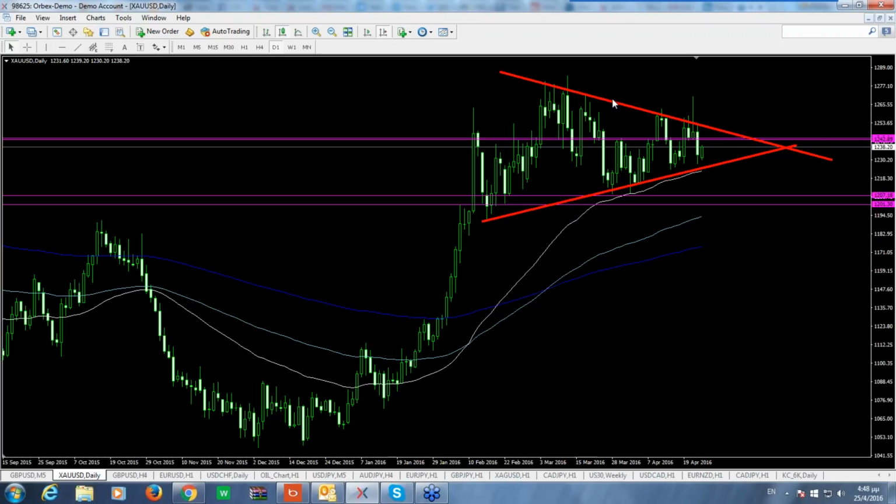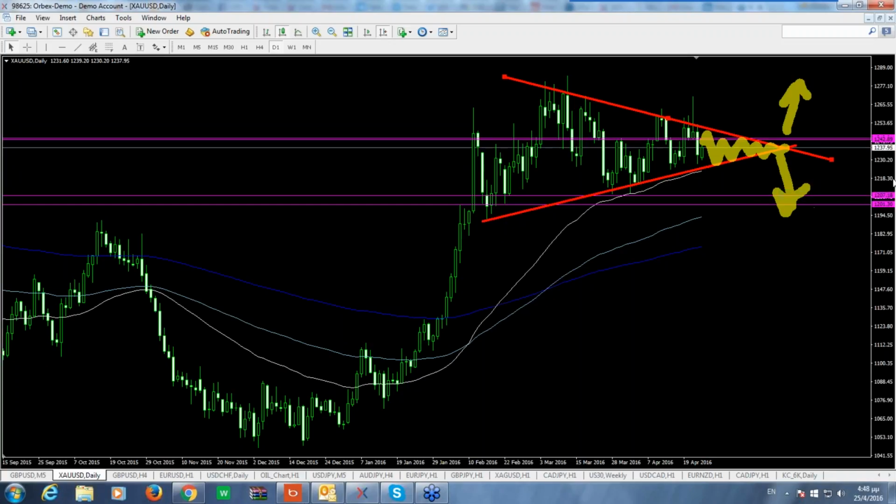Now we have got a sort of triangle. That actually also means that prices will keep going like this in this triangle before it breaks up or down. So that's what's happening in that angle.